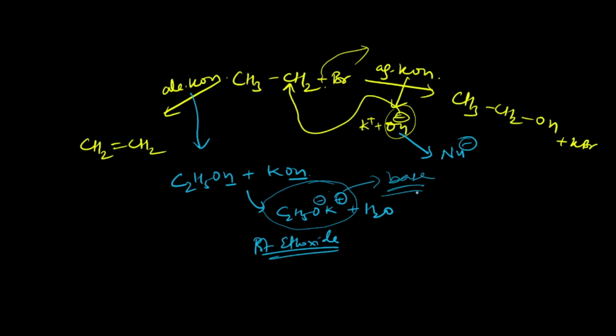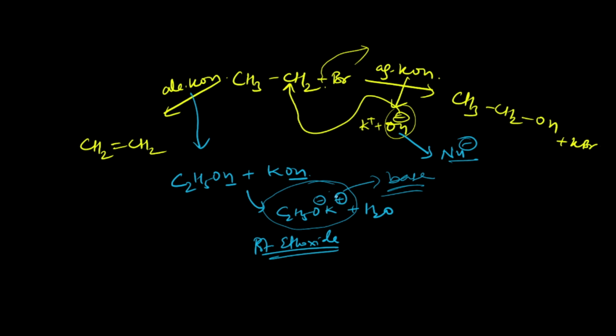We will do this comparison of elimination versus substitution, where with the same type of reagent we go for elimination as well as substitution. When the size is increasing, you get the eliminated product. When the size is less, it will be the substituted product.